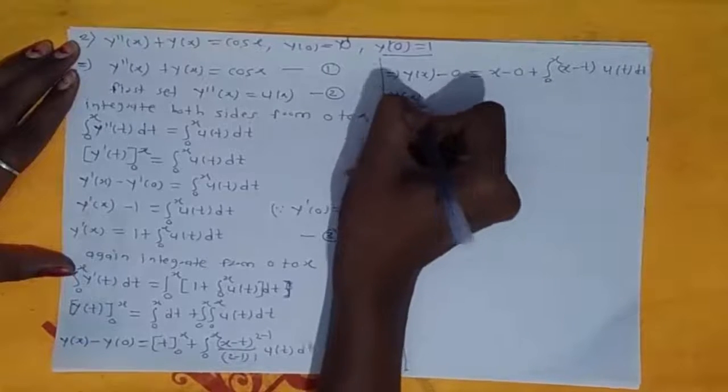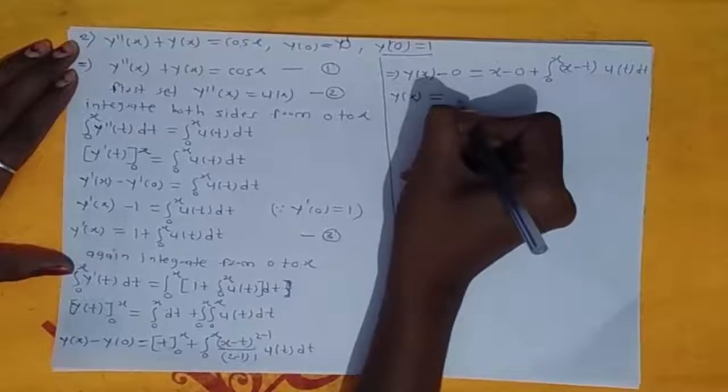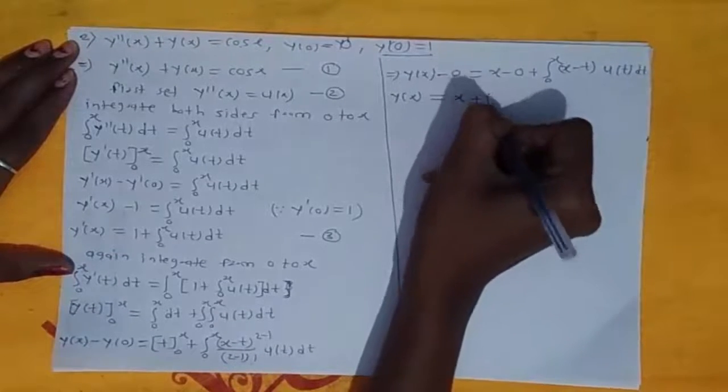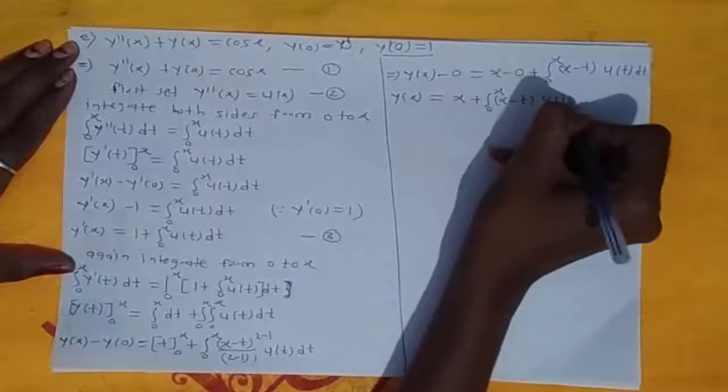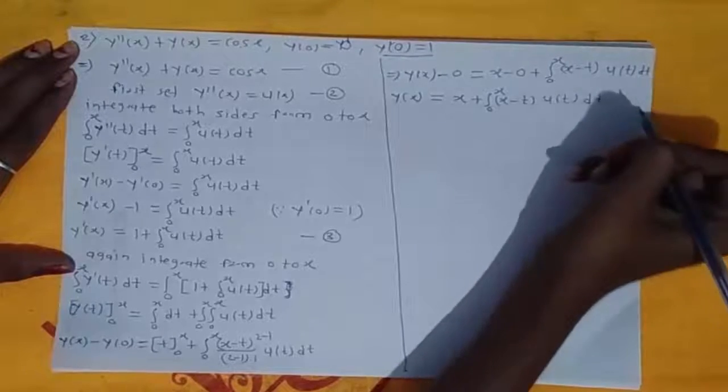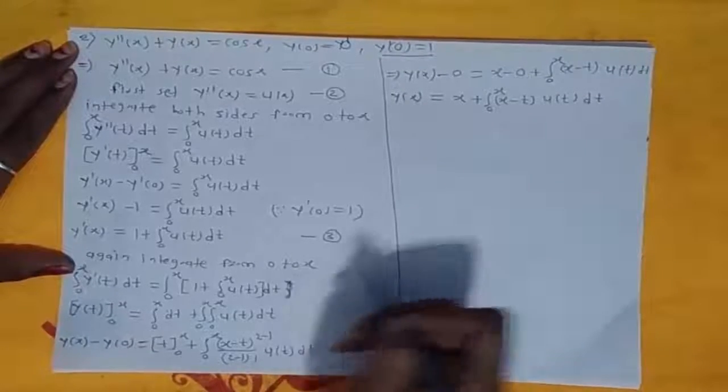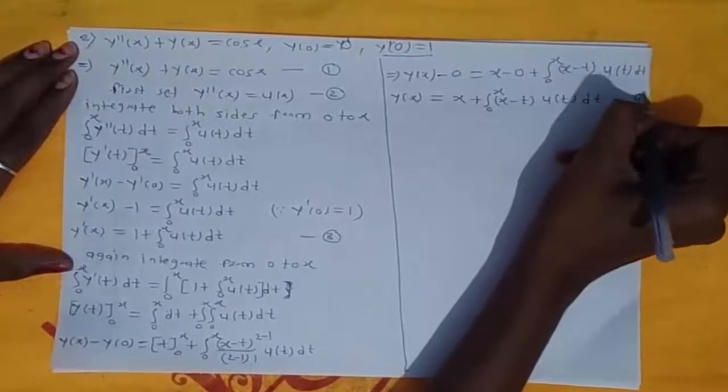Then we get y of x is equal to x plus integration from 0 to x of (x minus t) u of t dt. Take it as equation number 4.